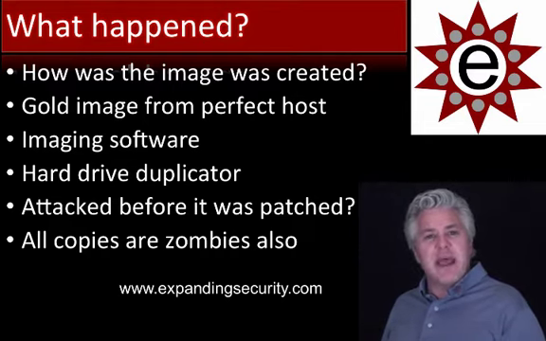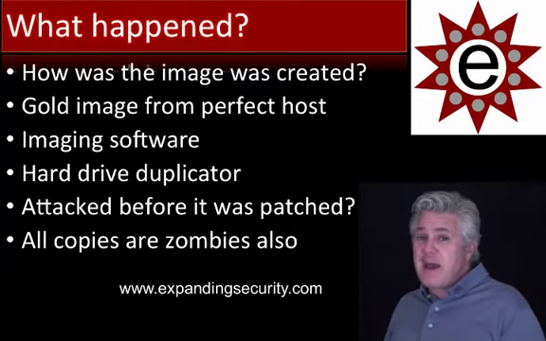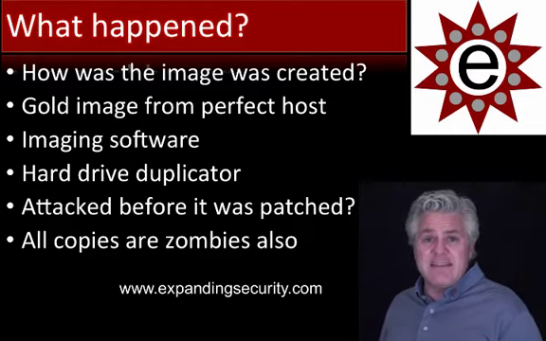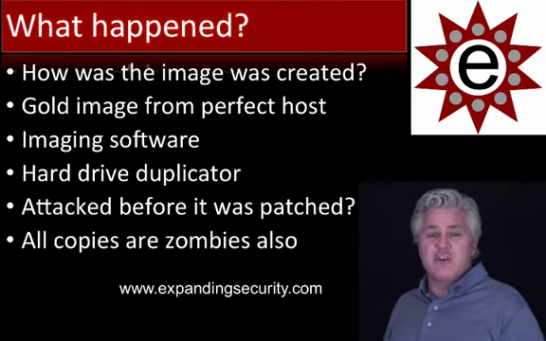And sometimes what happens is those images are attacked before they get deployed to the individual workstations. So sometimes they're attacked before they're patched, and sometimes they're just attacked before they're imaged. And then we go and we propagate that image out to other machines. So all those images that are copied out to all of those other machines are zombies also. They're under command and control by somebody else.